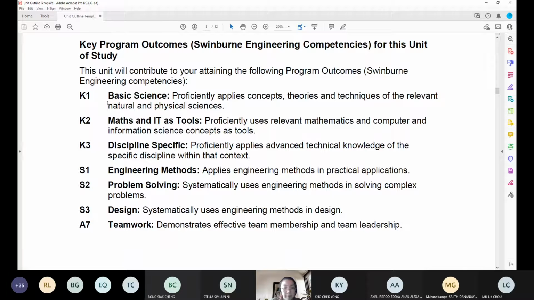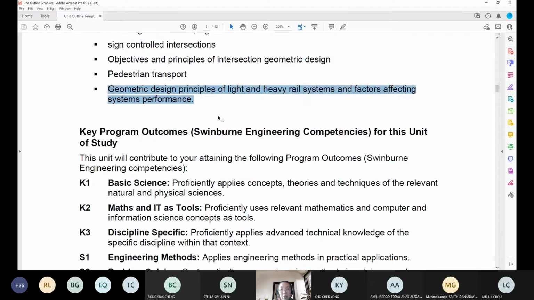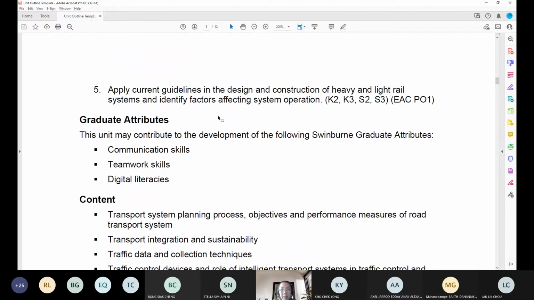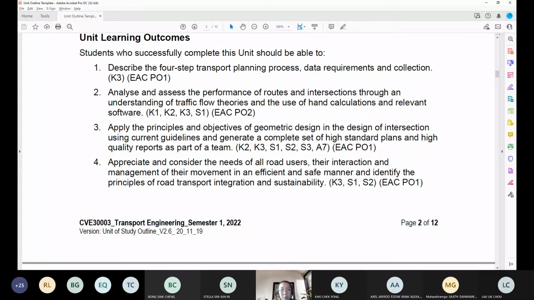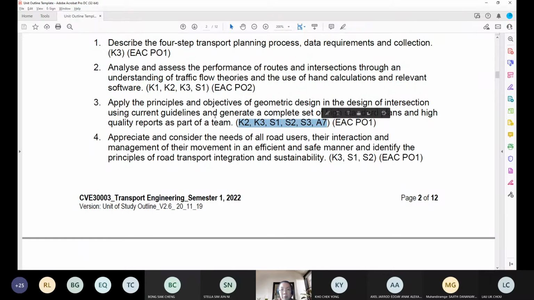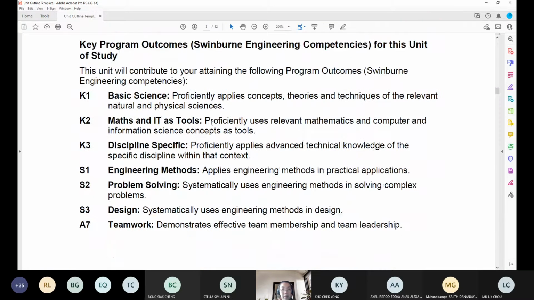Okay, then the key program outcomes, which are your Swinburne engineering competencies for this unit. So you notice earlier on, from the learning outcomes, we have all this mapped to each of the learning outcomes. Okay, so if you want to know more about what all this is, you refer to the Swinburne engineering competencies, SECs.